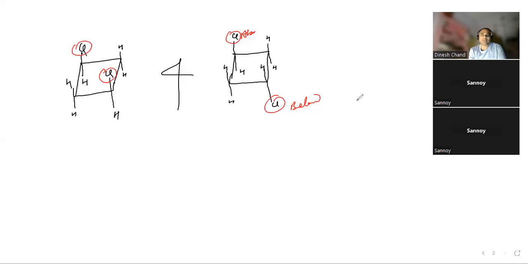This structure is a planar structure, so one is up, another is down. So this is going to be trans. What you are saying is correct. This one is cis and this is trans. There are many such compounds.